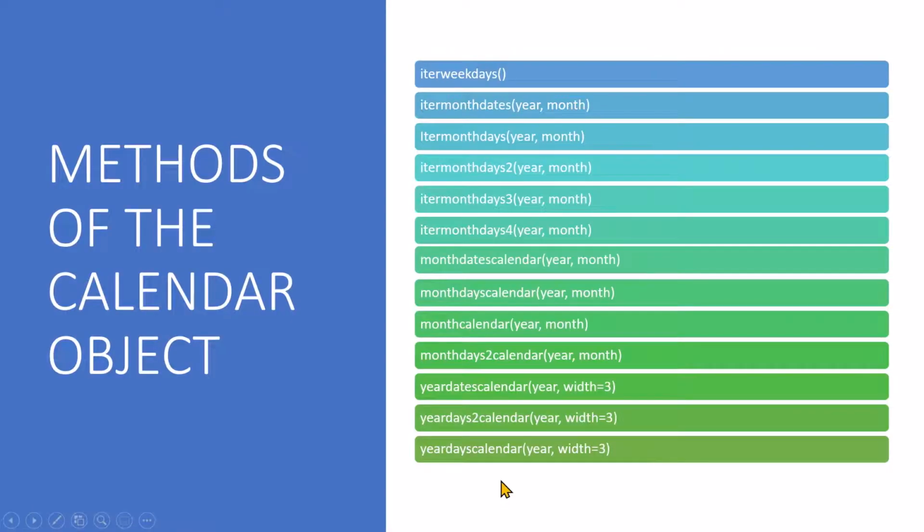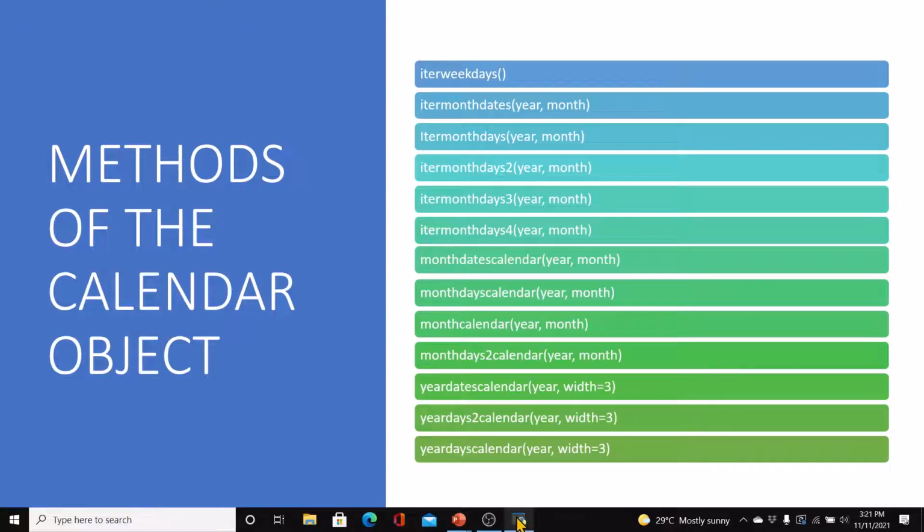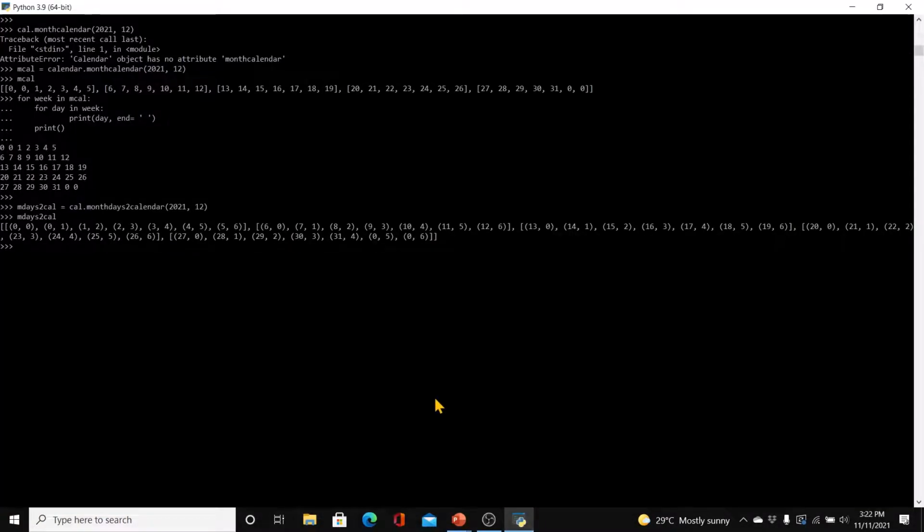The next method is yeardatescalendar, and we need to pass in just the year, with width being an optional parameter there.